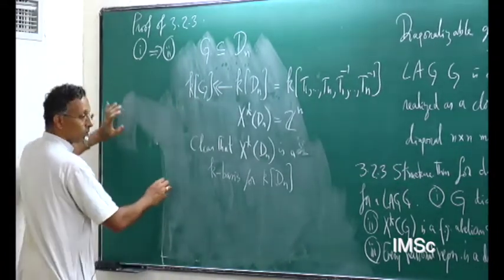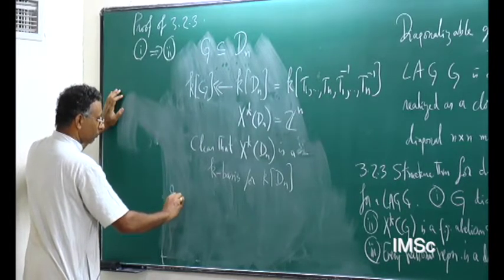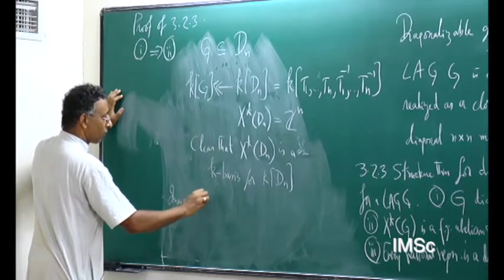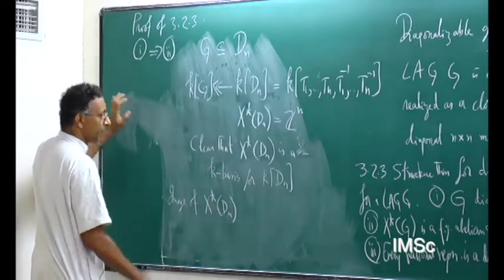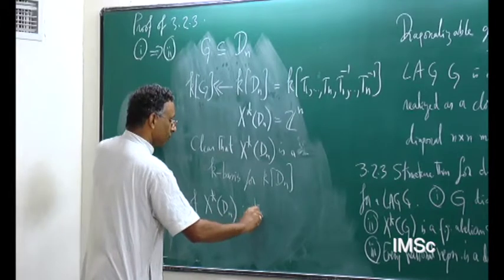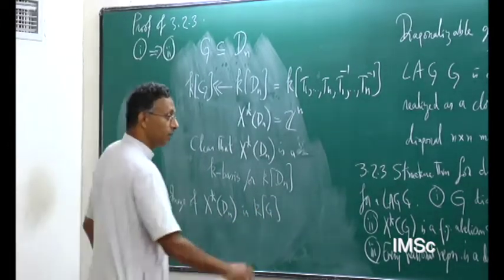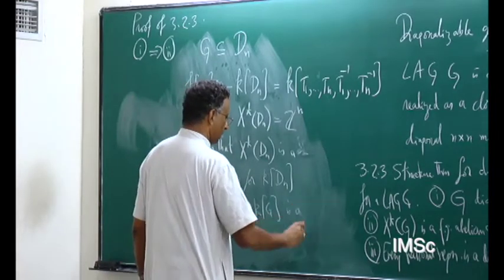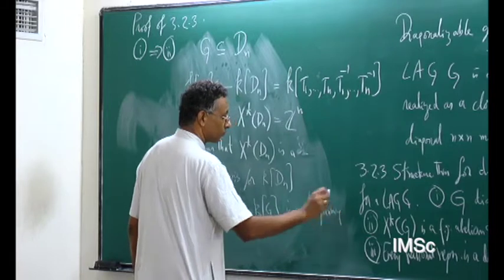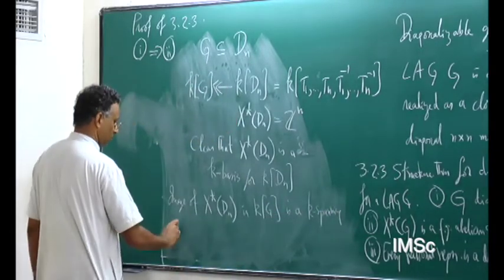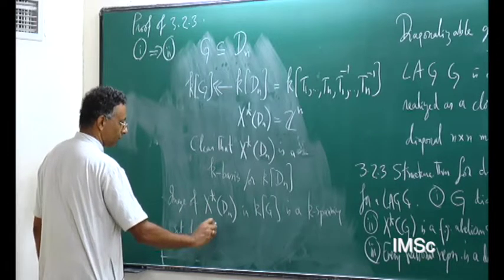Okay, so what you know is that the image of chi star Dn in K[G] is a K spanning set for K[G].